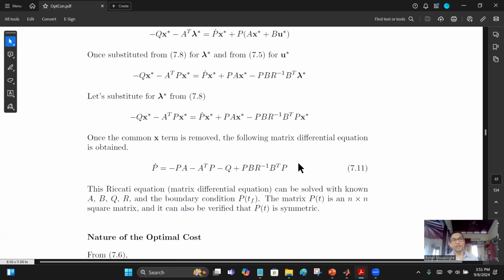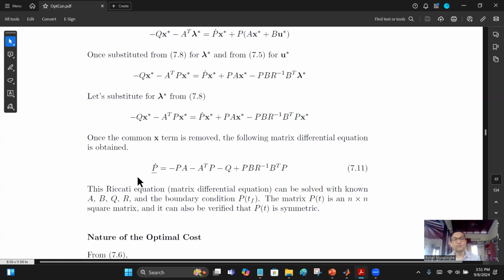So on the left-hand side, it is the P dot, the rate of change. On the right-hand side, it is just an algebraic expression. These are all matrices. And because of the dot, the rate of change, it is a differential equation. This is a matrix equation as well as a differential equation, both at the same time.